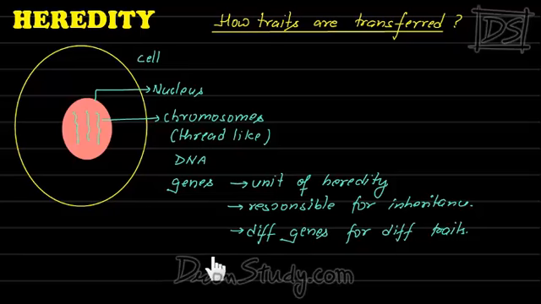Like, let me tell you, height. Height is an important trait. It's an important property. Some organisms might be tall and some short. So how is it decided whether a particular organism will be tall or short? So there are some genes related to height. Those genes decide whether an organism should be tall or short.